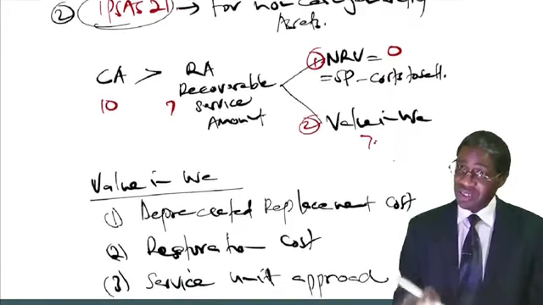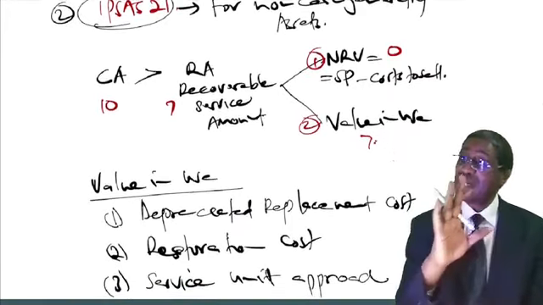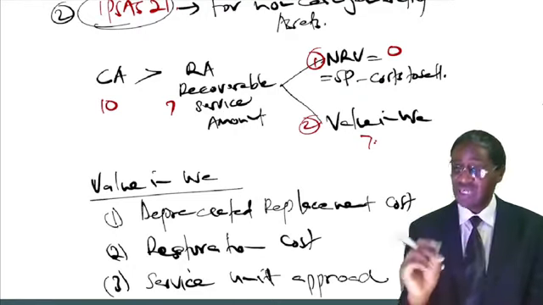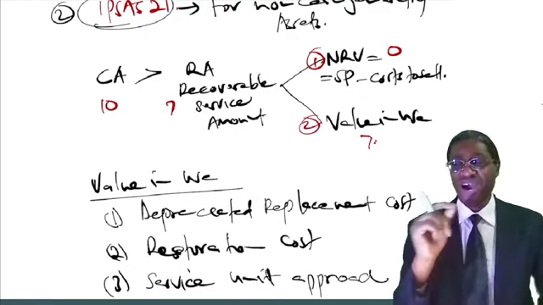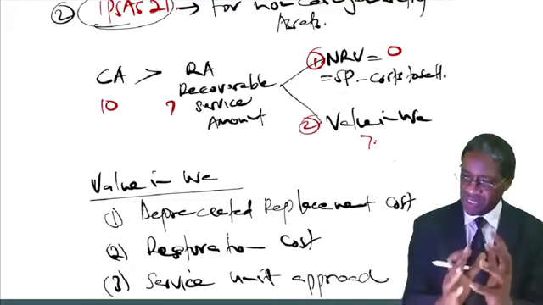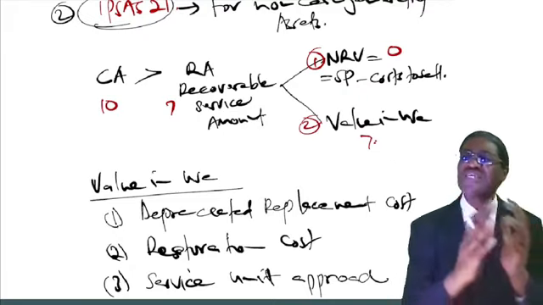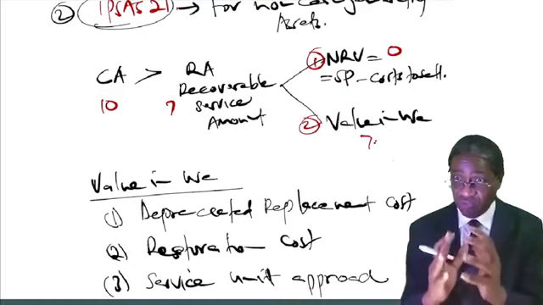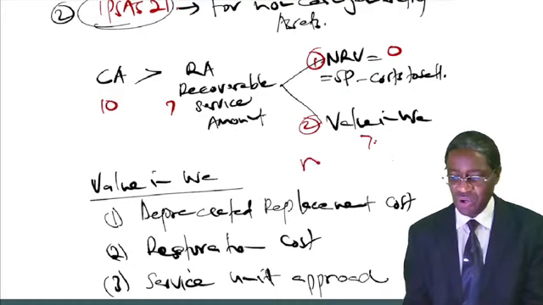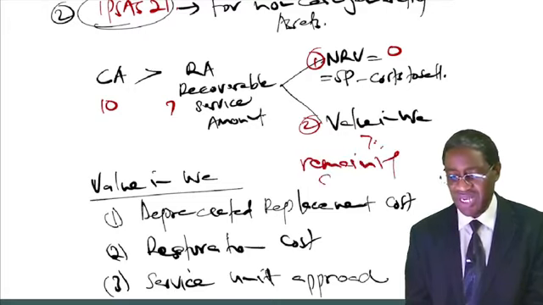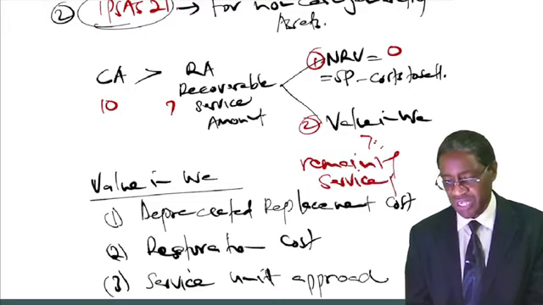Listen, for IPSAS 21, for non-cash generating assets, we normally say the value in use of an asset is considered to be the present value of the remaining service potential.